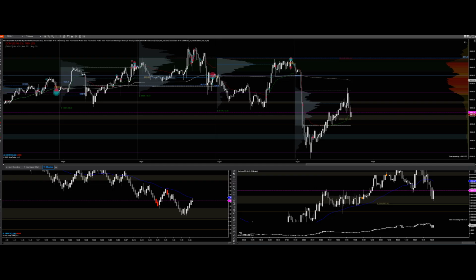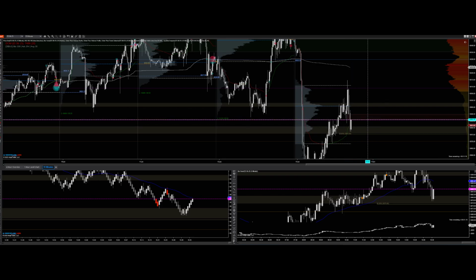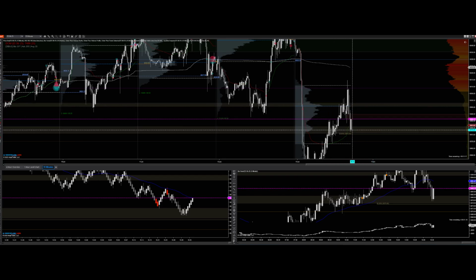Gonna close them up here. I have a sell level coming up right here. See this? Red zone.